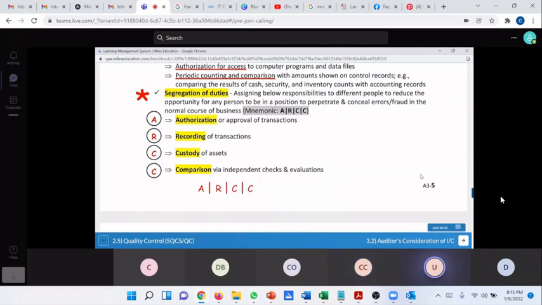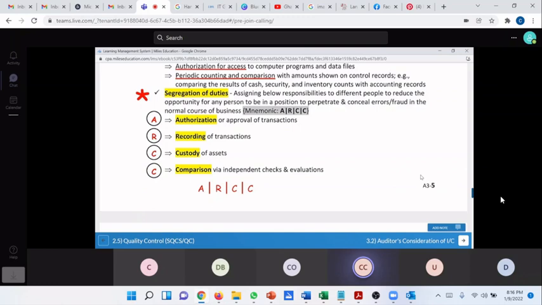Okay. Custody of assets means the person who actually owns the process. Say a purchase head will be responsible for the whole process, so he has the custody of the assets. This is more from the perspective of physical assets than logical assets.